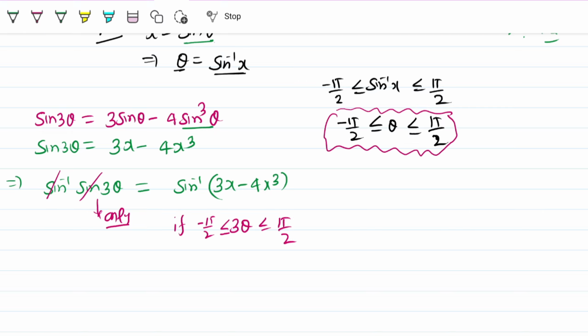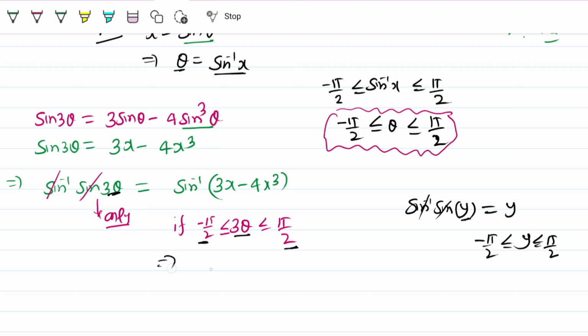This is by a simple formula: you can cancel sin inverse sin of an angle, say y, if y belongs to minus pi by 2 to pi by 2. Instead of y we have 3 theta here, so 3 theta also must be from minus pi by 2 to pi by 2. So from here, what is theta? Theta will be minus pi by 6 to pi by 6.